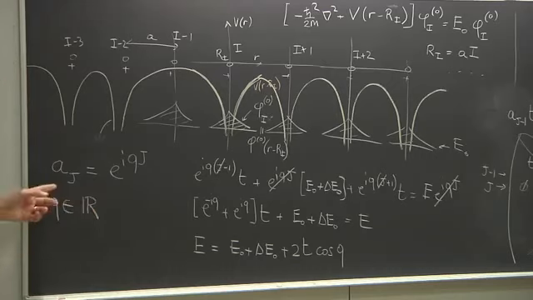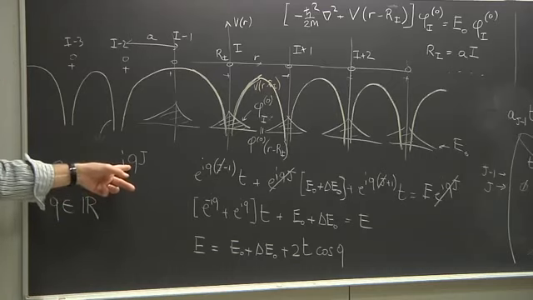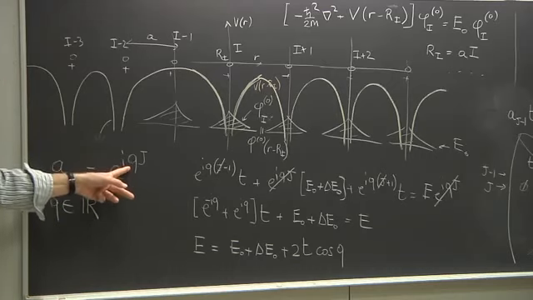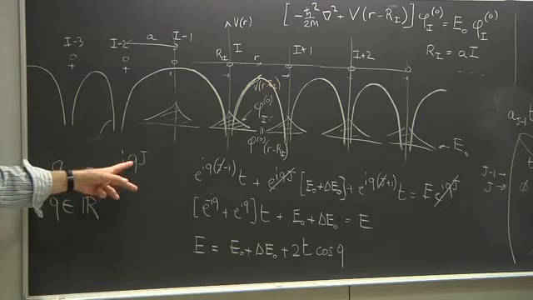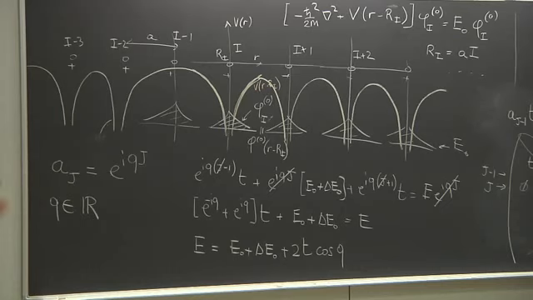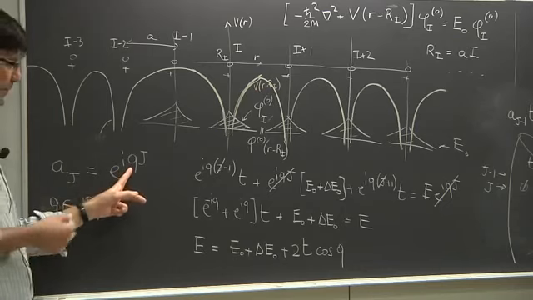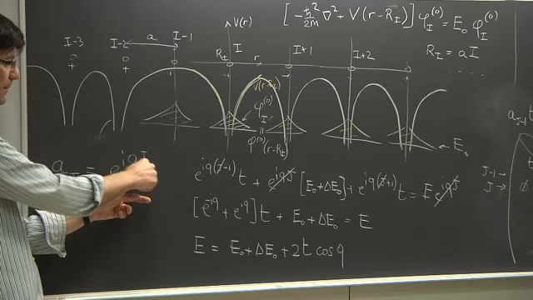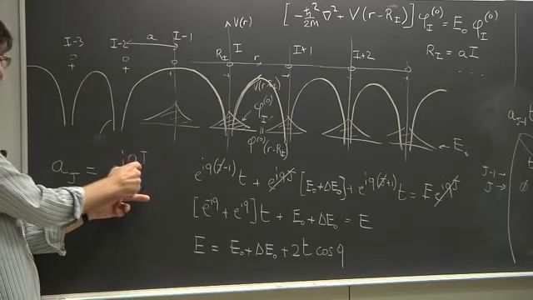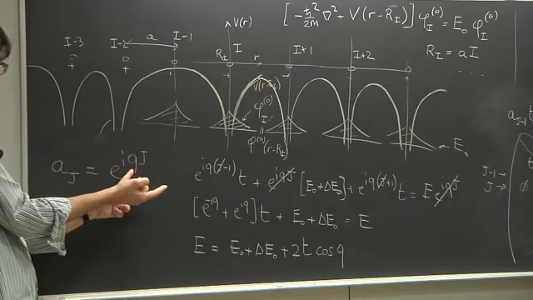In fact, if I take an arbitrary q and I add to that q a 2 pi, what's going to happen? I'm going to multiply this times e to the i 2 pi j, but that's 1. Okay?